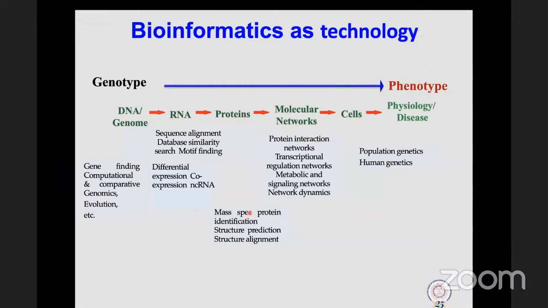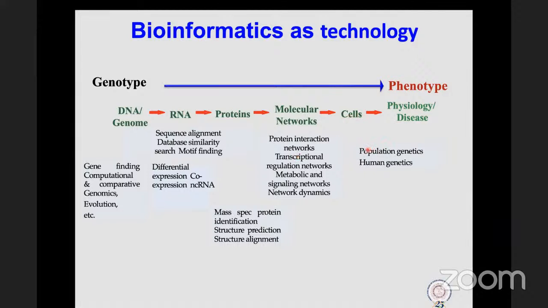And molecular networks, like protein interactions, you can also identify using bioinformatics as a technology. You can easily pinpoint, if that protein interaction happens, how it hinders the signaling network and the regulation of the network pathways.